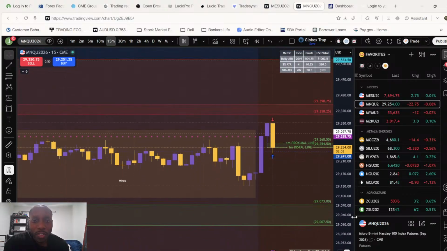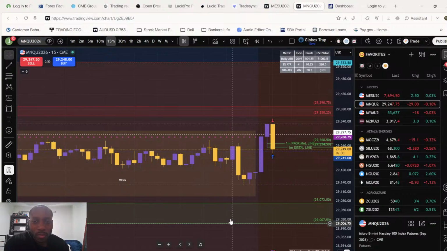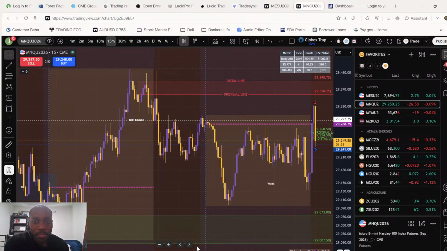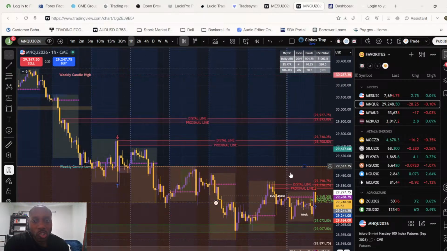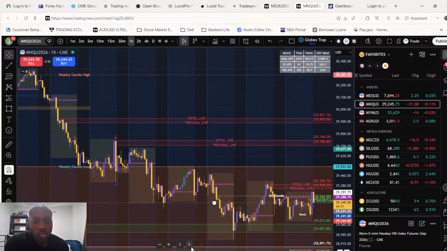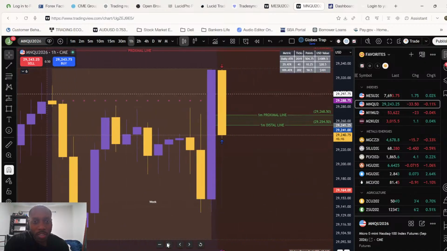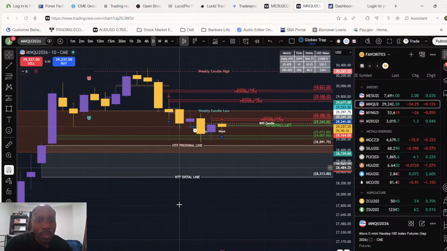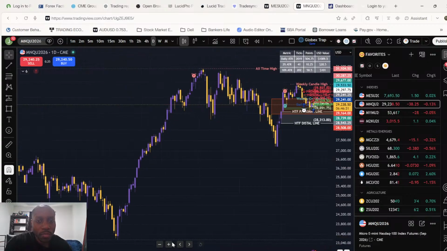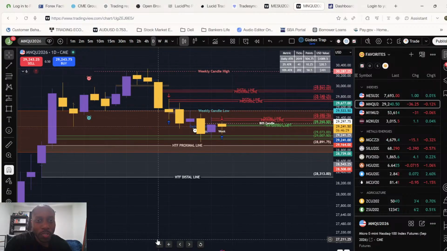I did have a 15-minute gap here as well, which takes precedence over a 1 minute because it's a higher time frame. Overall, we're super consolidating.